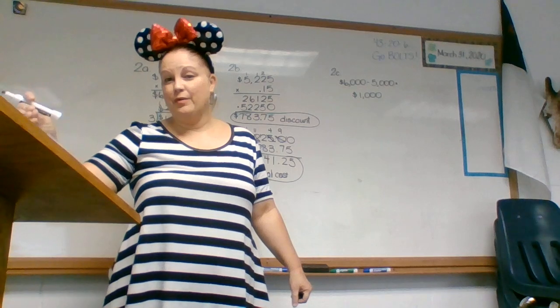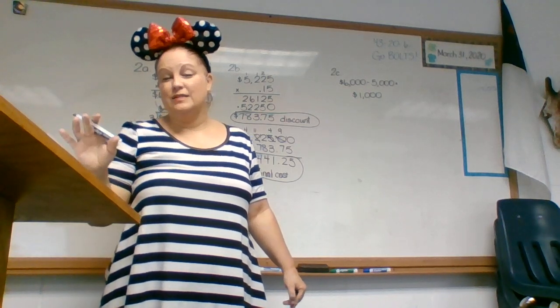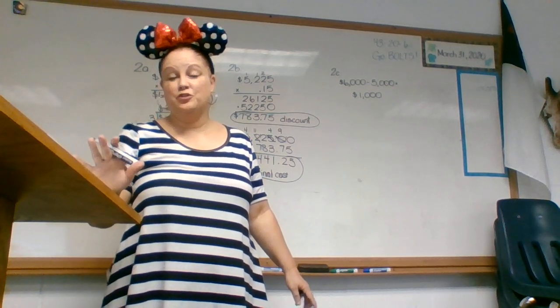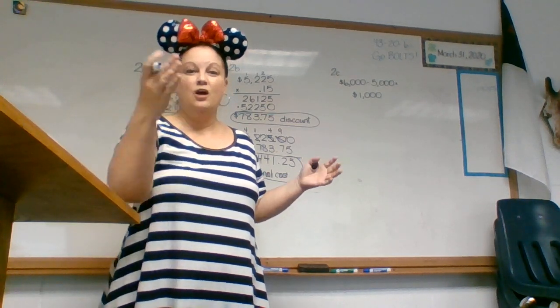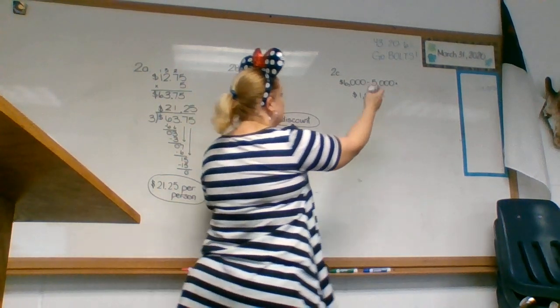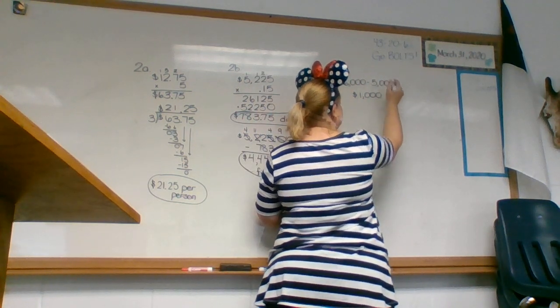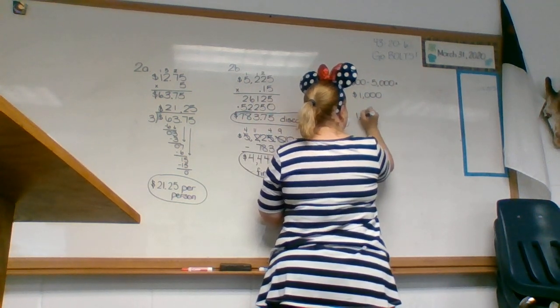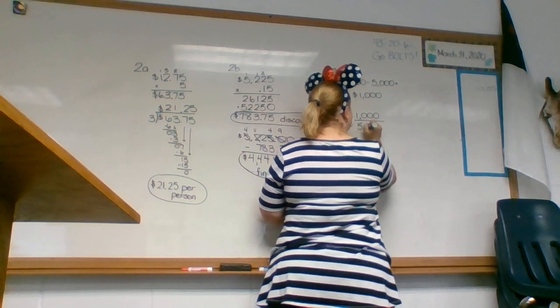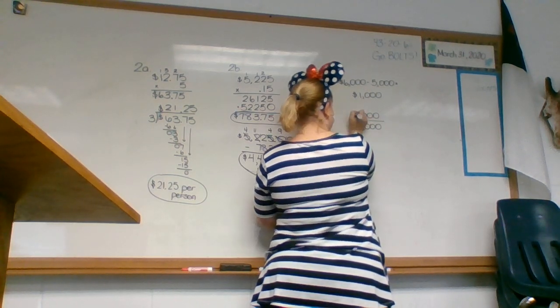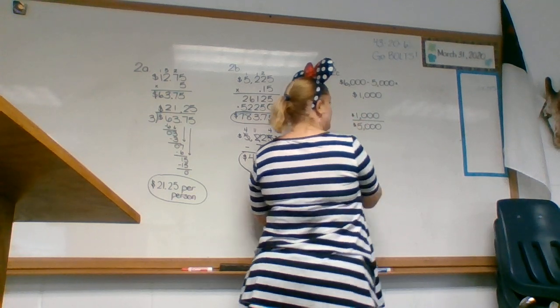Do you remember how we now set it up to find that percent of change? We found the difference. Difference over original. So the original price was this. We have 1,000 over 5,000. Here's the difference. Here's the original.